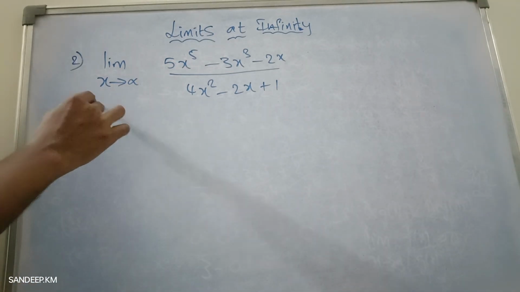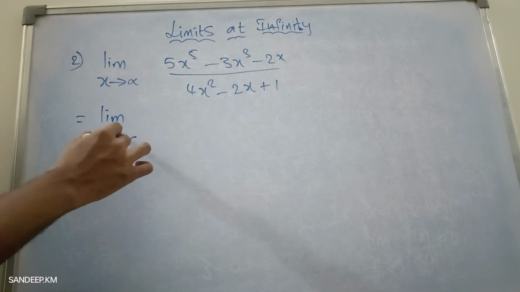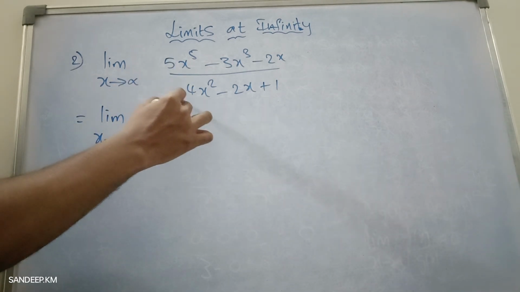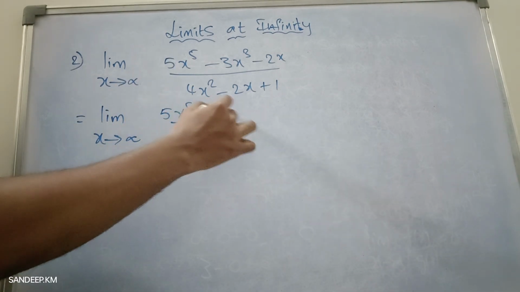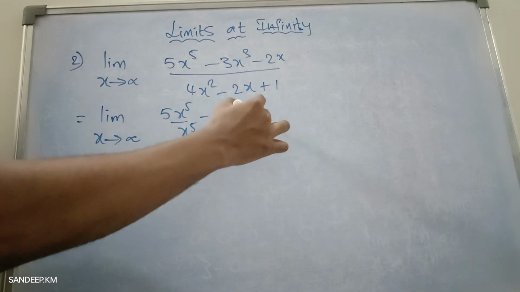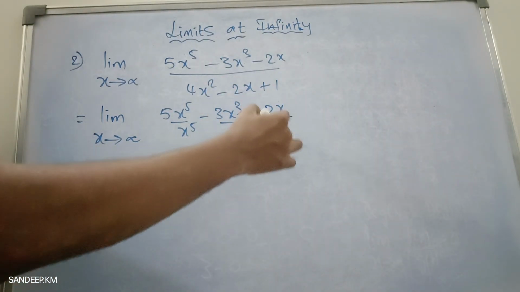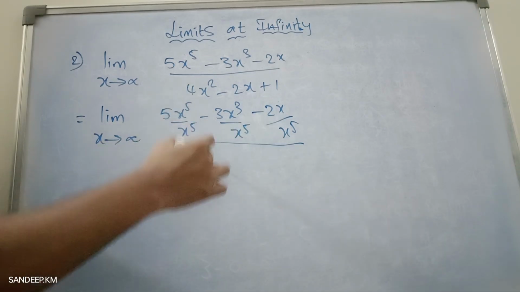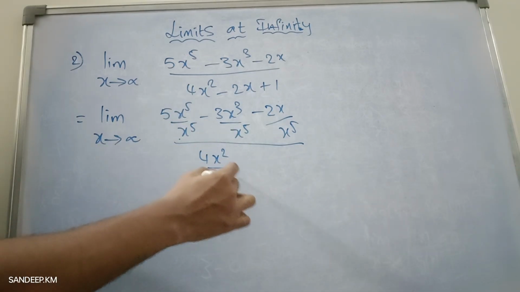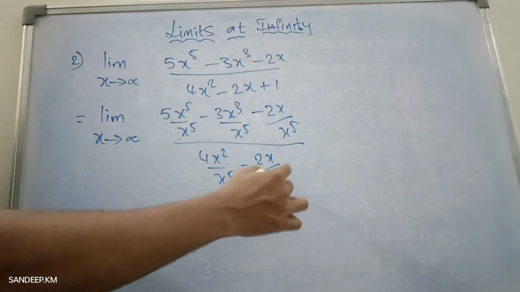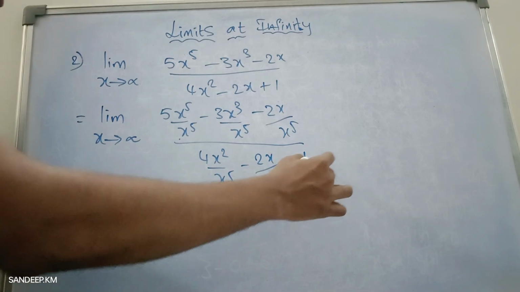So what do we get? Limit x approaches infinity, 5x power 5 by x power 5 minus 3x cube by x power 5 minus 2x by x power 5, whole divided by 4x square by x power 5 minus 2x by x power 5 plus 1 by x power 5.